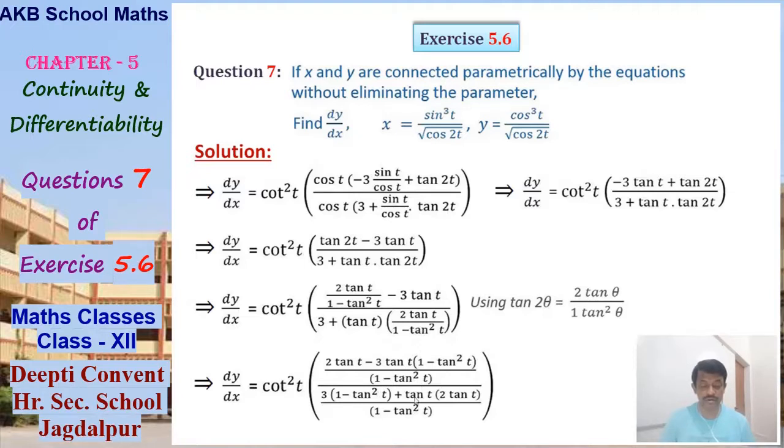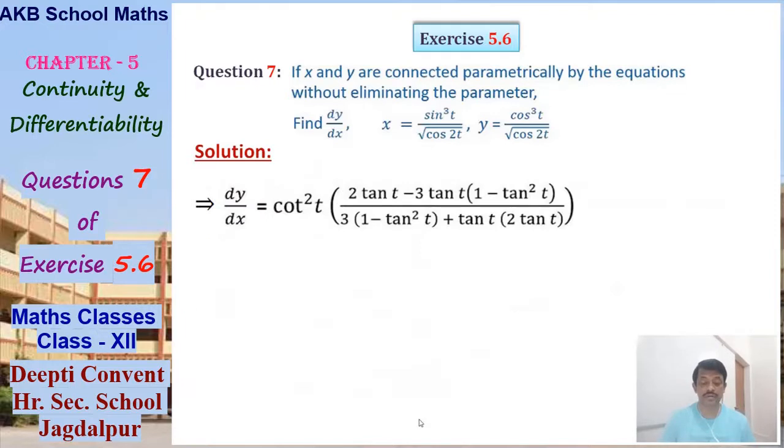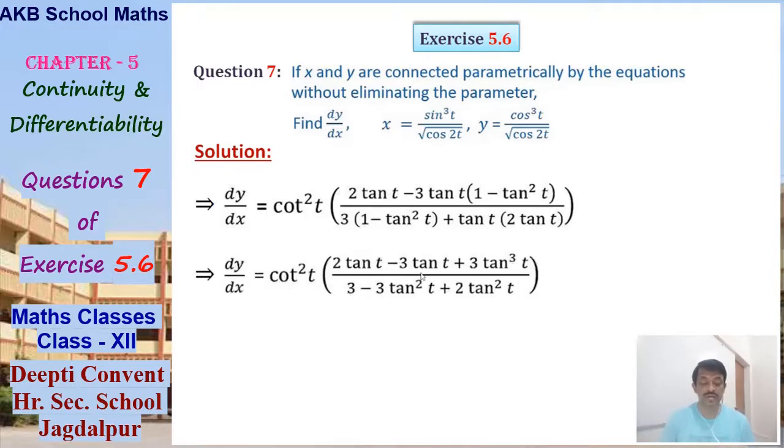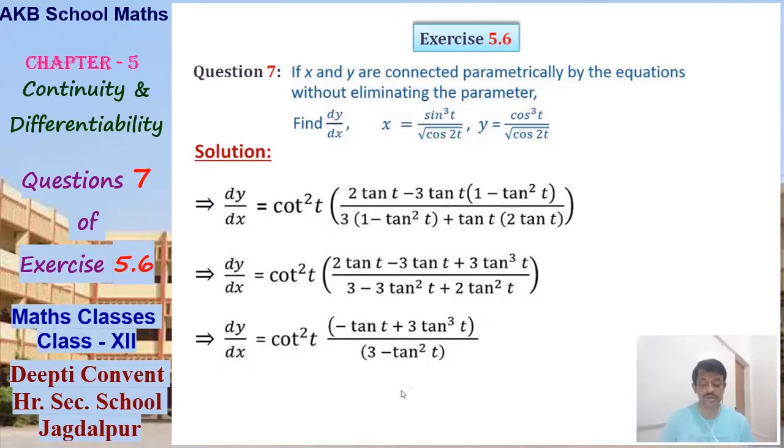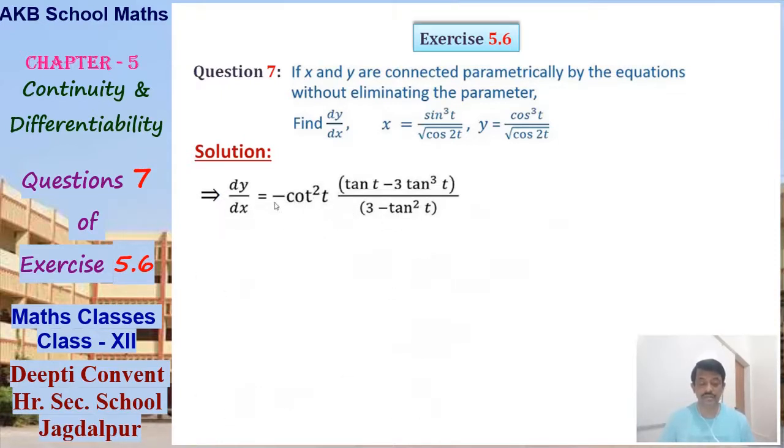Now 1 minus tan square t cancels, and after solving we get 2 tan t minus 3 tan t plus 3 tan cube t in the numerator, and 3 minus 3 tan square t plus 2 tan square t, that is 3 minus tan square t, in the denominator. Here we can write like this, taking out the minus sign. So finally minus cot square t times tan t minus 3 tan cube t upon 3 minus tan square t.